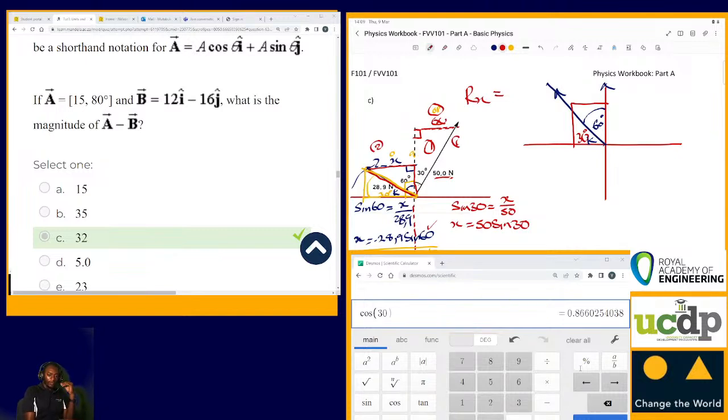So I see you have confirmed that you understand. So even the concept on resolving or choosing which triangle, it's all up to you. Okay, you could have used this one or you can use this one, as long as you use your trigonometric ratios correctly, there is no problem.